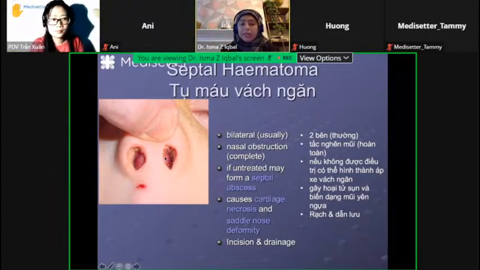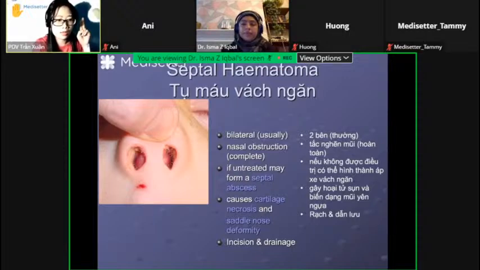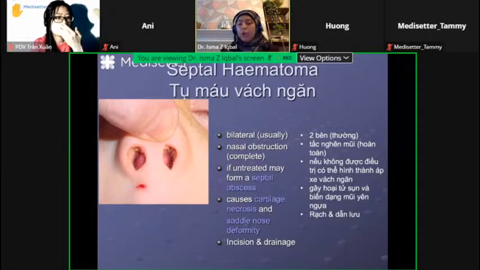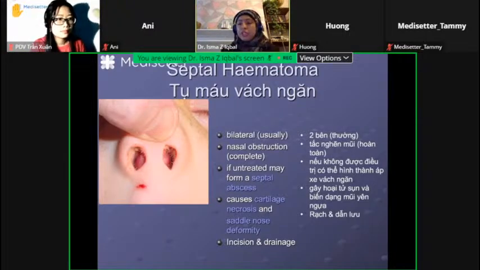We would make an incision on here and here. Drain all of the fluid. If there was pus in there, then we would wash it out with saline as well.